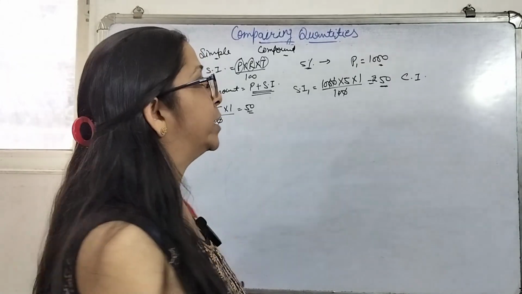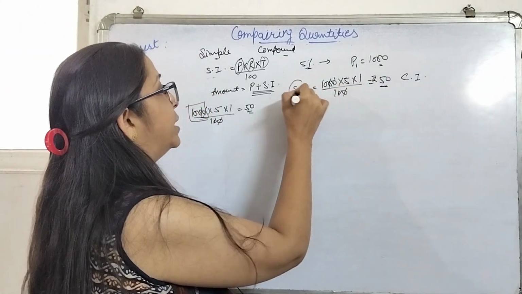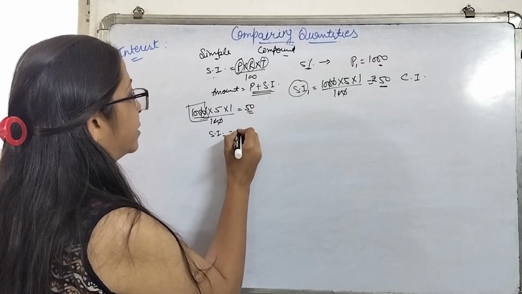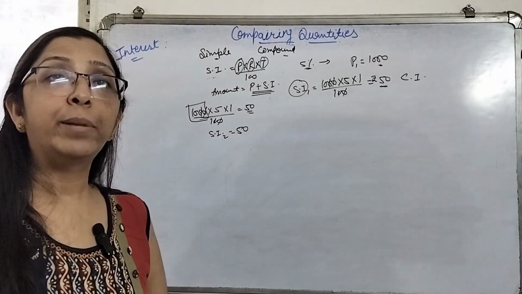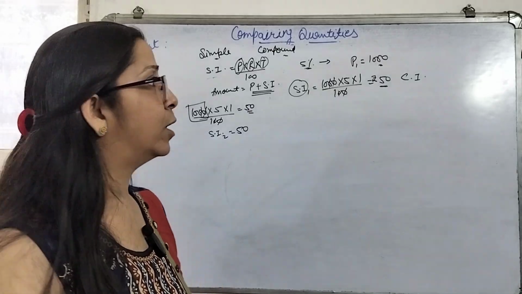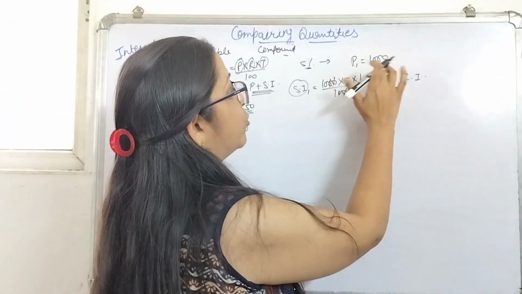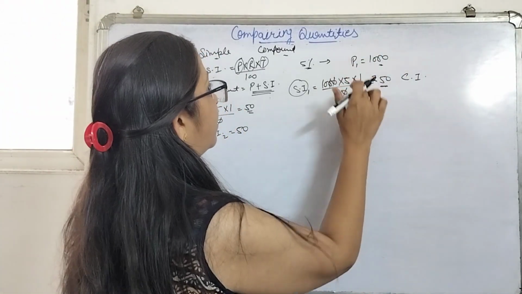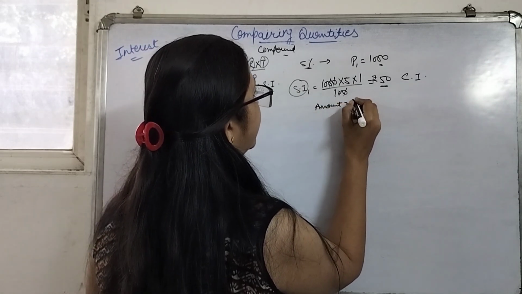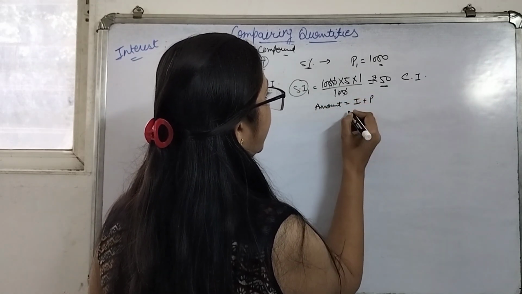But when we are calculating it for the second year, your simple interest will remain the same, 50 rupees only. But compound interest for the second year is going to change. Let's see how. For the first year, principal was 1000 rupees. Just now we said, amount is interest plus principal.